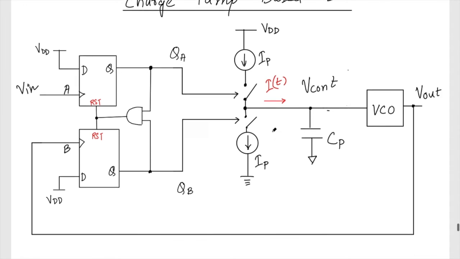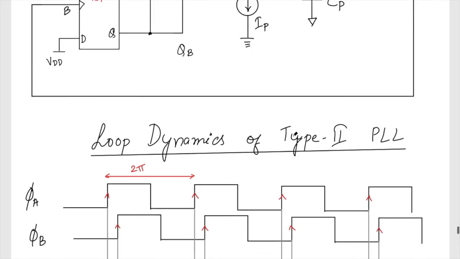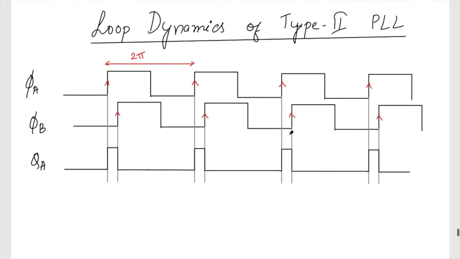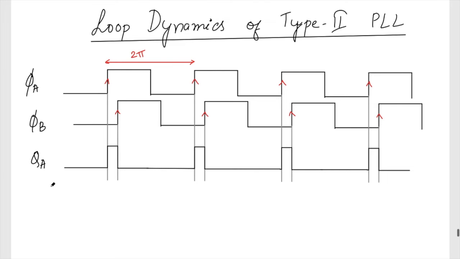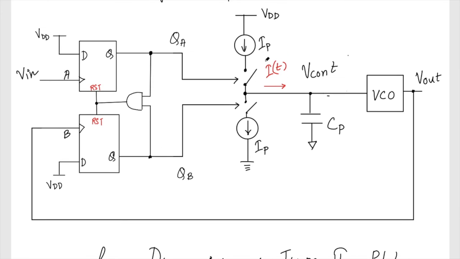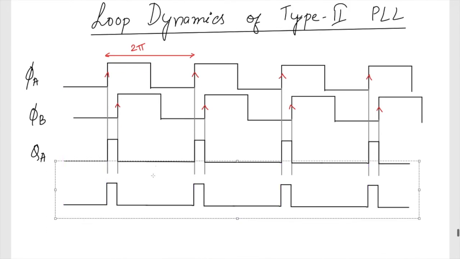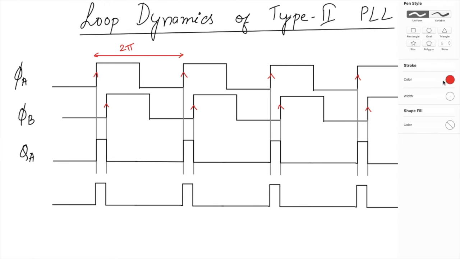So if I call this current flowing inside this capacitor IT, then the waveform of IT will be the same as QA, because only when QA is turned on do we see this IP current. So let me draw it. This is just a copy-pasted version of QA. This is IT.